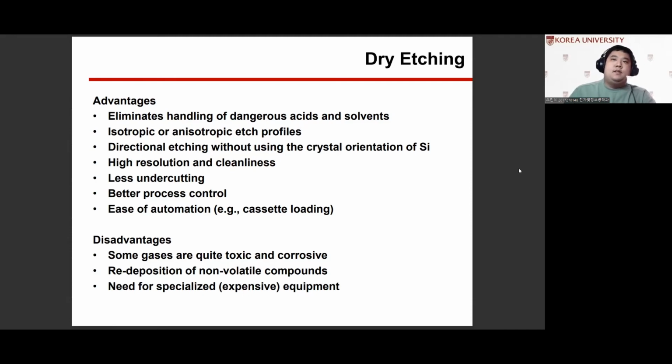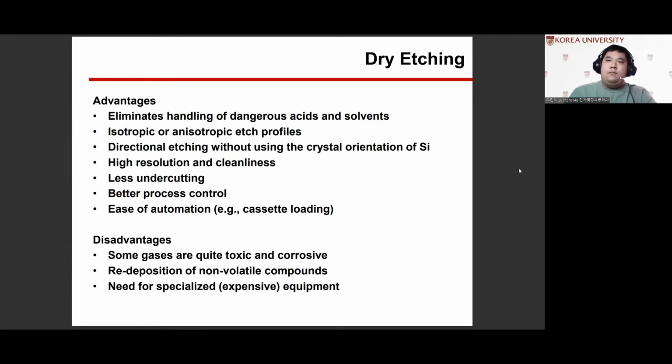However, dry etching processes still use dangerous acid gas or plasma, but dry etching is way safer than the wet etching process, and we can choose the etching profile from isotropic or anisotropic. And because it is easier to control than the wet etching process, the resolution of etching is higher, and the control of the etching is much easier.